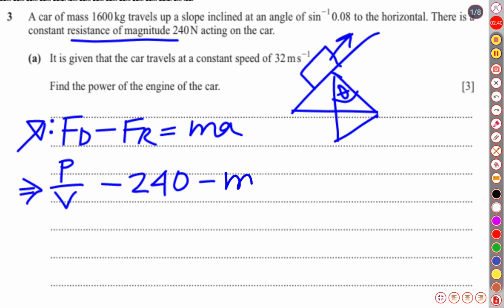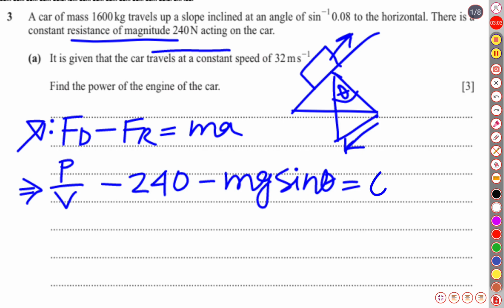So the weight component is mg sine theta, because it is parallel to the slope, equal to mass into acceleration. Look at this, the car is traveling at a constant speed, so there is no acceleration at all, hence the right side is 0.